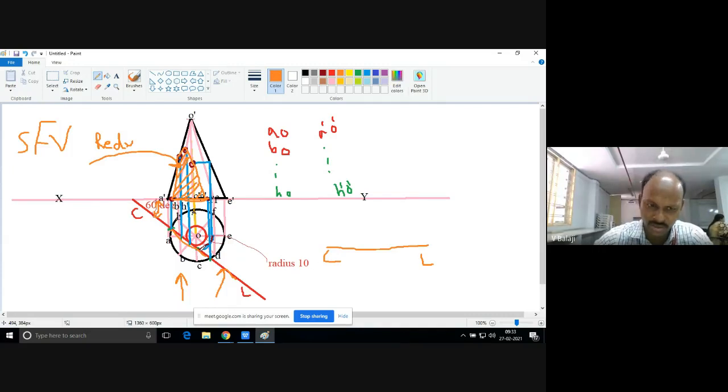So in order to get the true shape, we draw perpendicular to the CL line. That means we are looking at the object perpendicular to the cutting section, so that we will get the true shape. That is the concept basically.